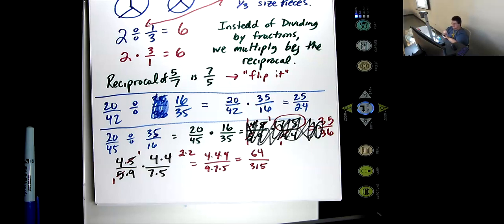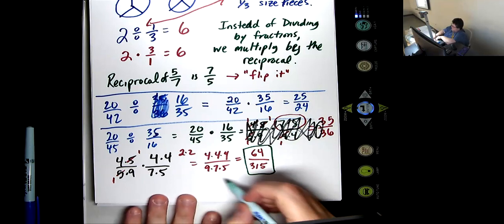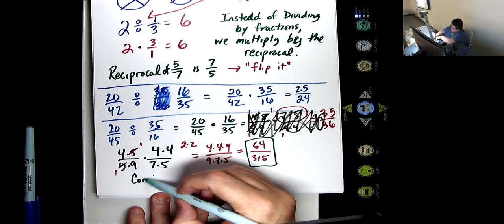Oh, sorry, Daniel, I didn't see your message earlier. Okay. And even though this is simplified, it doesn't look like it, right? A great lesson in mathematics is the correct answer doesn't have to be pretty.